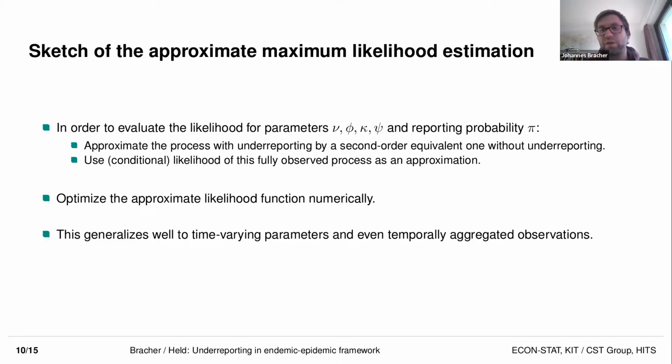And then essentially we just use that in the likelihood optimization, given a reporting probability from the literature that we need, because otherwise the model is not identifiable. And then we can fit this very quickly, so you don't need any MCMC or those kind of things. This also nicely generalizes to time varying parameters or even temporally aggregated observations, so you can define a model on a finer time scale than what you observe.